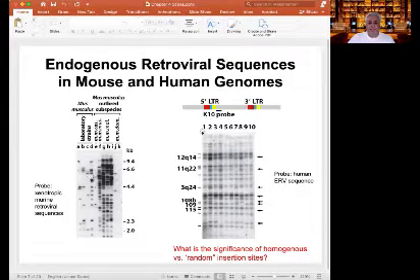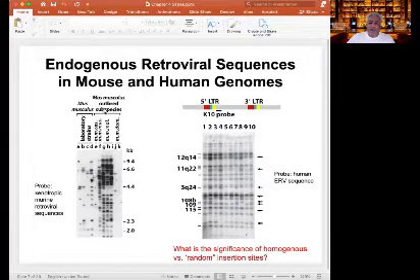You can see here between different cell lines, there's not much variation. So this tells you that these things are quite unremarkable in that they're not moving around very much. But compare this situation with that of mice. Now, in lab strains of mice, we can see different strains have over the years been bred to possess different types and numbers of these same retroviruses.